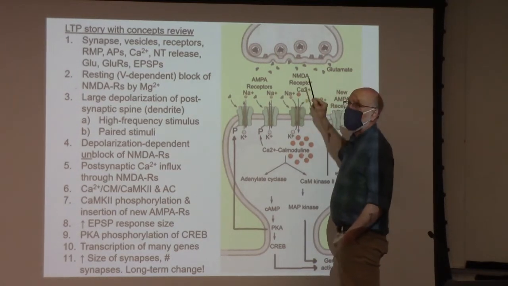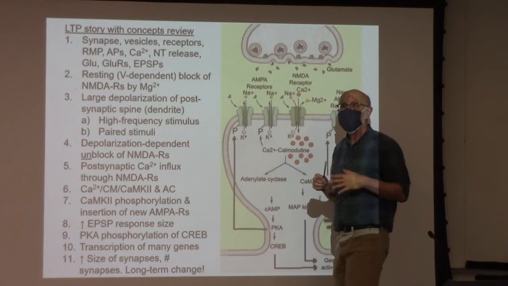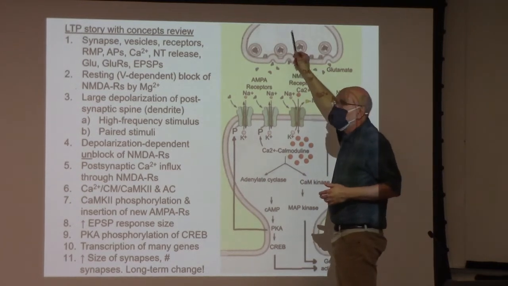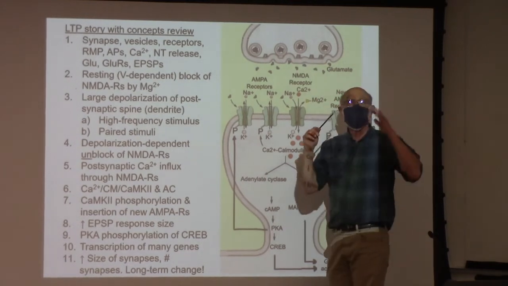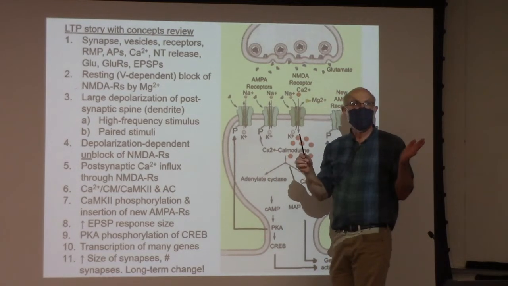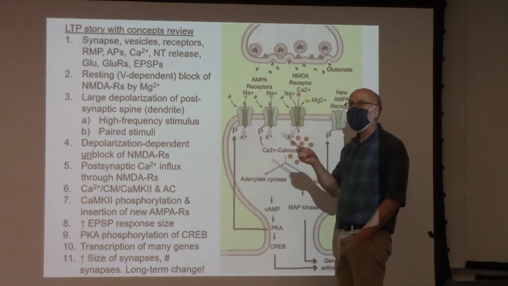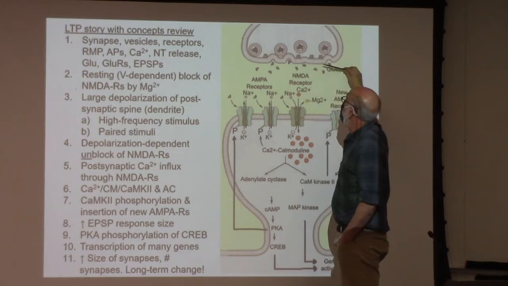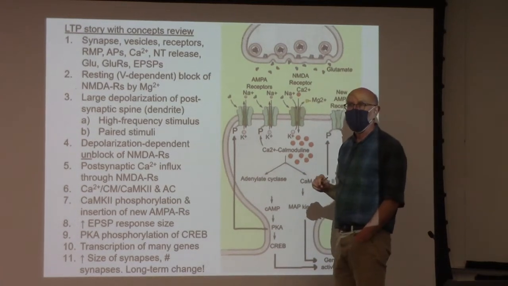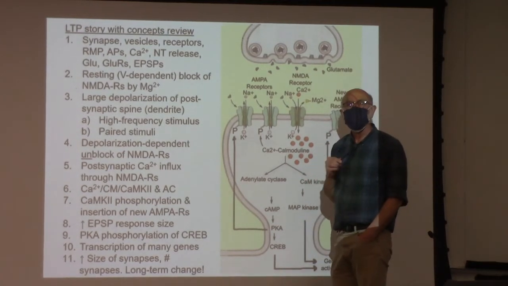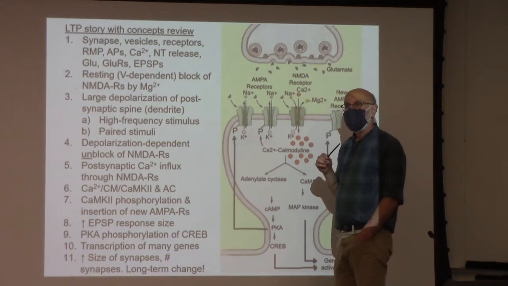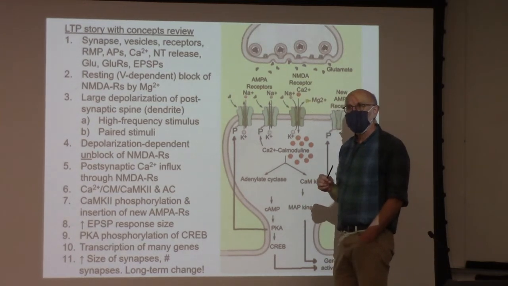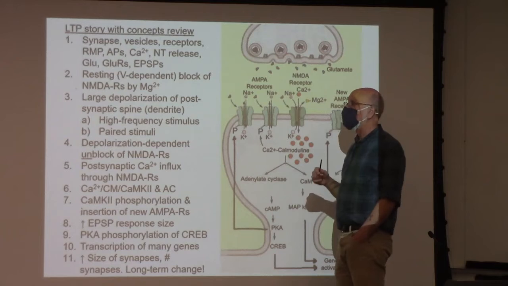Okay, so I just skipped a story. Action potentials, release of glutamate. You should be thinking in your head the story that connects action potentials to the release of glutamate. You could tell me that story. We're not going to do it now because it's review, but you should be able to.